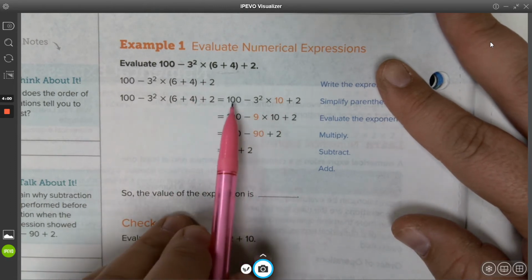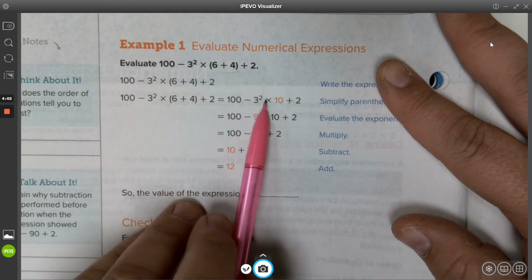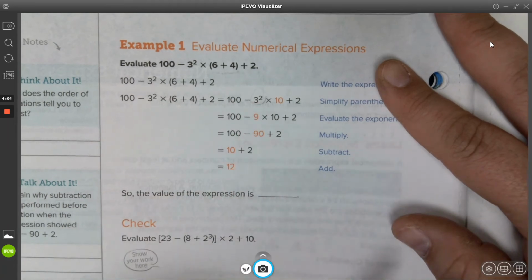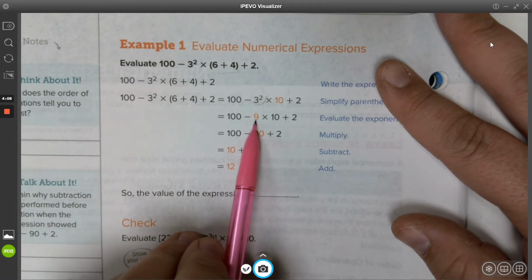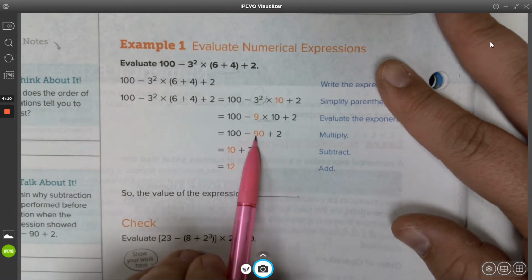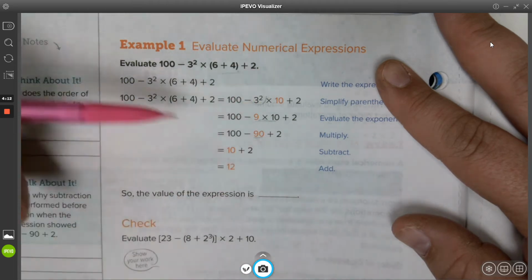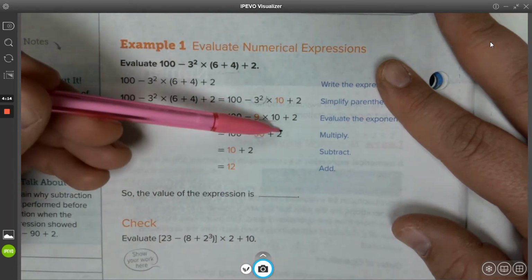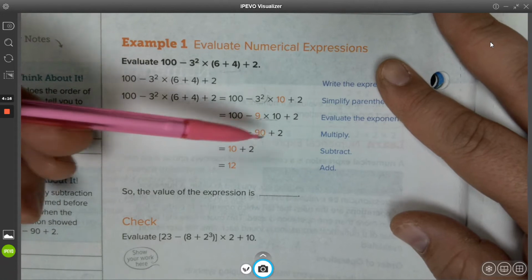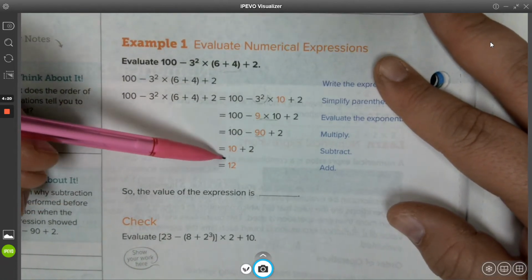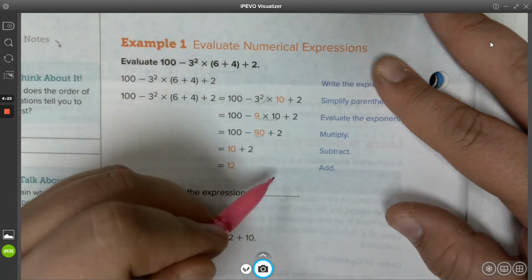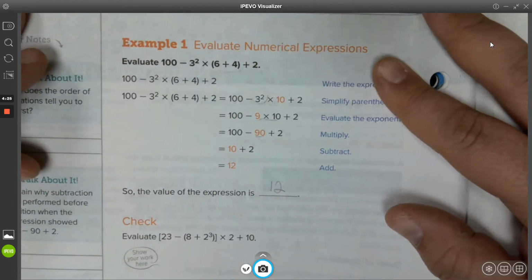Then we would do our exponent, 3 squared, which would then be 9. Now we can multiply. 9 times 10 is 90. Now, working left to right, subtract and then add. 100 minus 90 is 10. Then we add our 2 to get 12. So the value here would be 12.